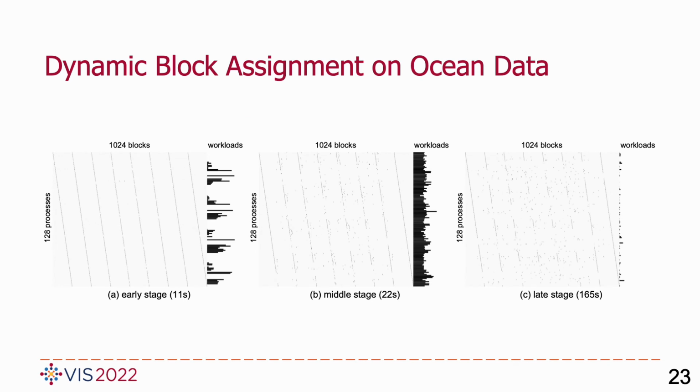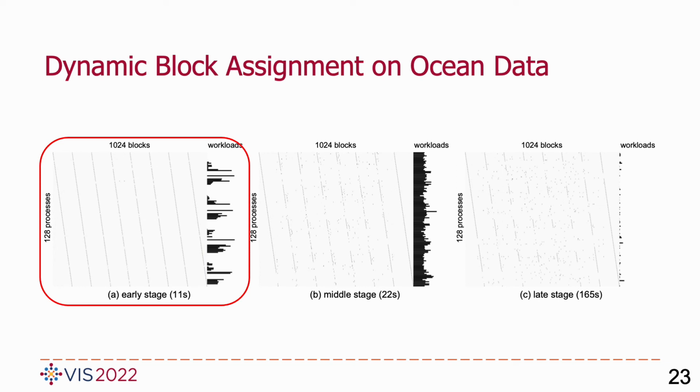We plot the dynamic assignment of data blocks to processes on the Ocean data, where the horizontal axis represents blocks, and the vertical axis represents processes. Each black dot represents that the block of the column is assigned to the process of the row. The workloads of processes are juxtaposed with the block assignment.